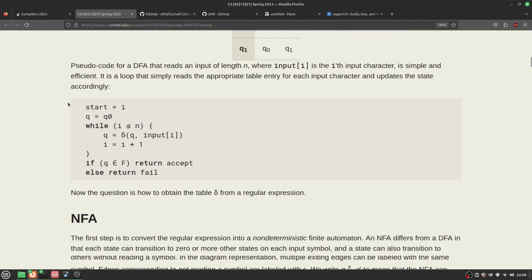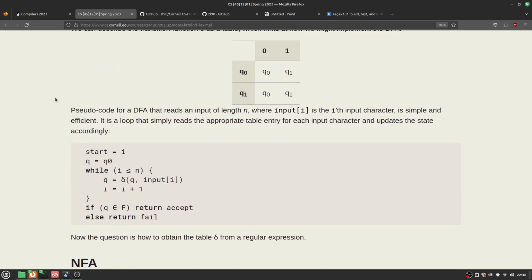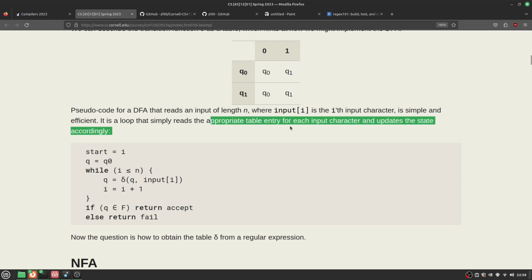Pseudocode for a DFA that reads an input of length n, where input I is the ith input character, is simple and efficient. It is a loop that simply reads the appropriate table entry for each input character and updates the state accordingly.